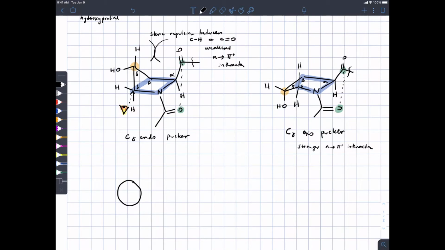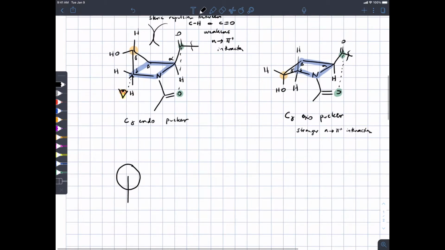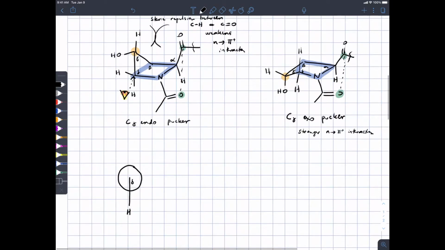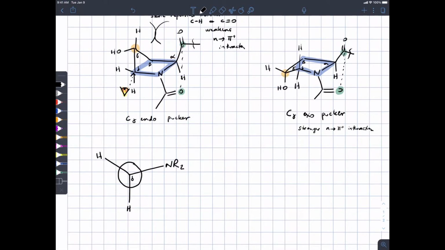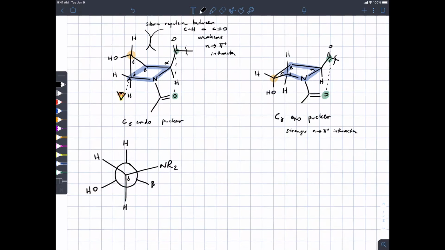It looks like on that delta carbon in the front we have a hydrogen that is down. We have another hydrogen that's up, and then the nitrogen from proline is here. And of course that nitrogen's attached to two other things, which at this point we don't care about. Then in the back, on that gamma carbon, I would have a proton that's up, an OH group angled down, and then I guess the beta carbon here.